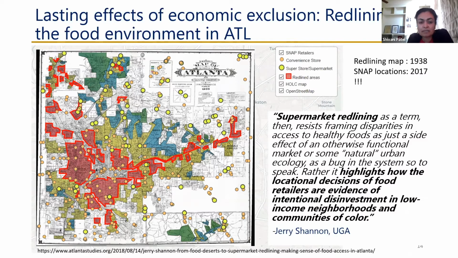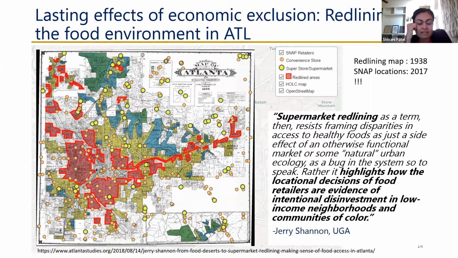I thought this was a really powerful quote by the author of the blog where I found this, that supermarket redlining then is, as a term, resists framing disparities in access to healthy foods as just a side effect of an otherwise functional market or some natural urban ecology, as a bug in the system, so to speak.